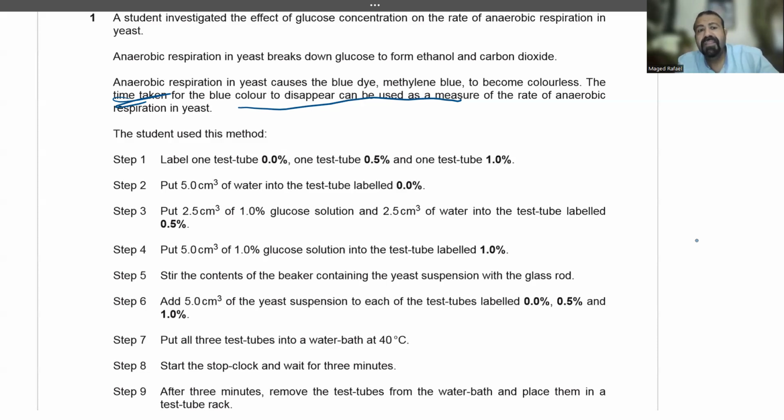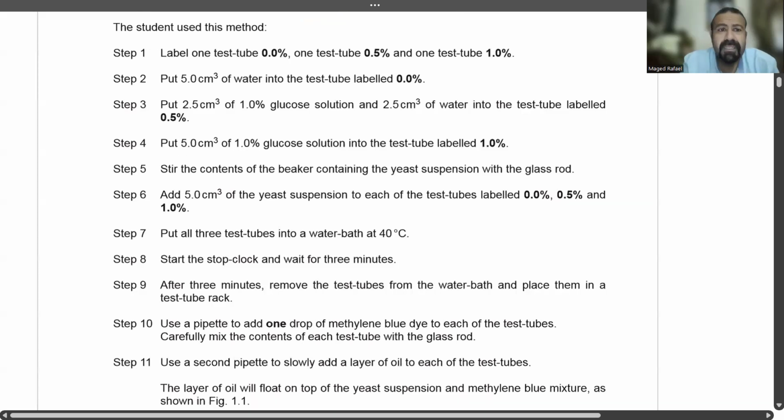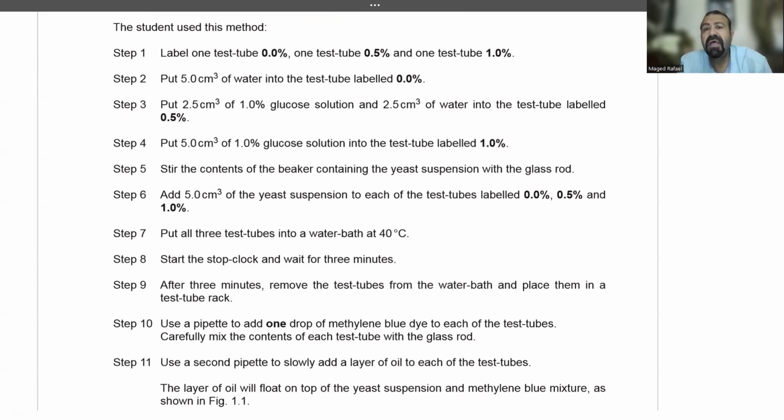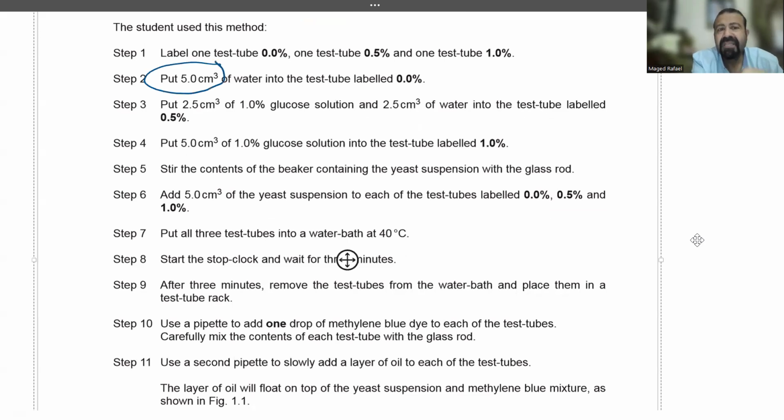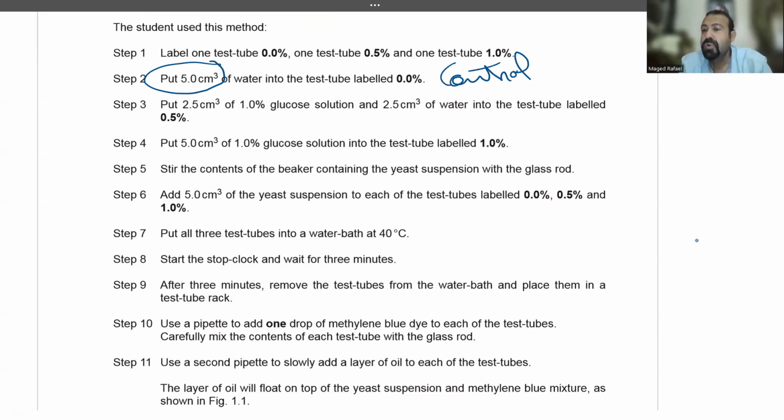The student used this method. Label one test tube 0.0%, one test tube 0.5%, and another test tube 1%. He put 5 cubic centimeters of water into the test tube labeled 0%, and I can definitely expect this test tube is a control one because it has no glucose concentration. So we consider this the control part of the test tubes.